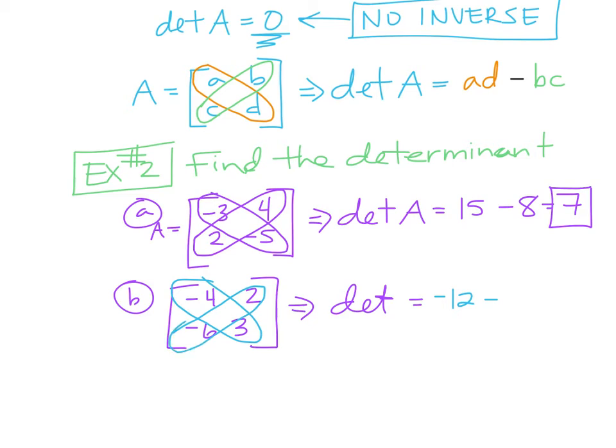So -6 times 2 is a -12. You're subtracting, so minus a negative becomes plus a positive, which means my determinant is 0, which means there is no inverse for this one. So this is, yes, it has an inverse. This one is no inverse.